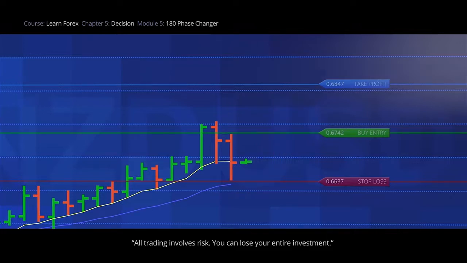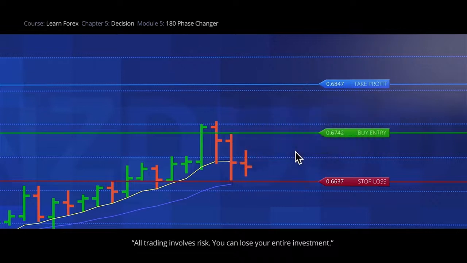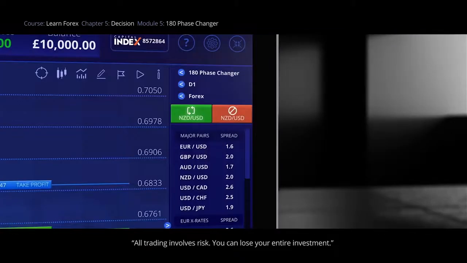This means this will stay as a pending trade until you cancel it manually, or the trade is triggered by reaching your entry price. If a new seller's bar goes on to form without triggering the entry level, then we can simply cancel the order as the buying momentum we were forecasting hasn't presented itself. If the new seller bar goes on to form another ring low setup, it will generate another signal, and we can update our trade and buy at a better price.